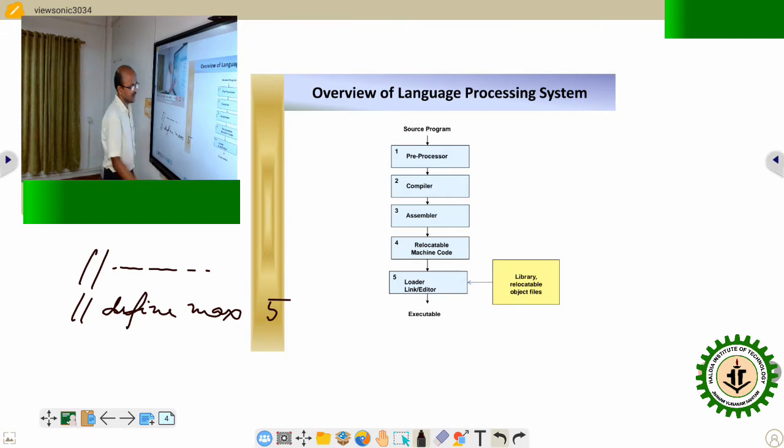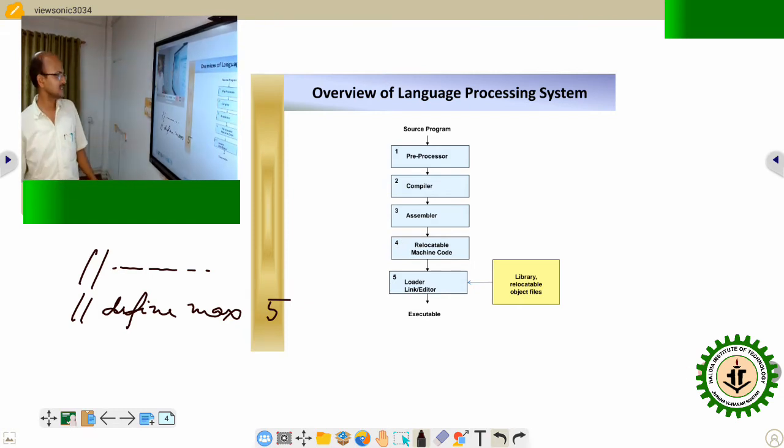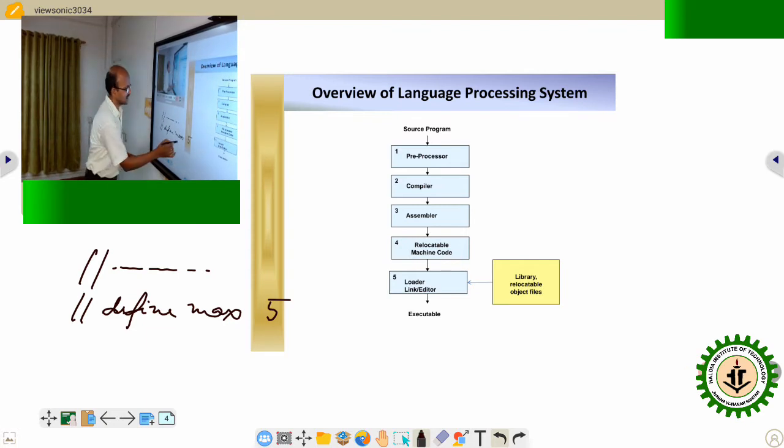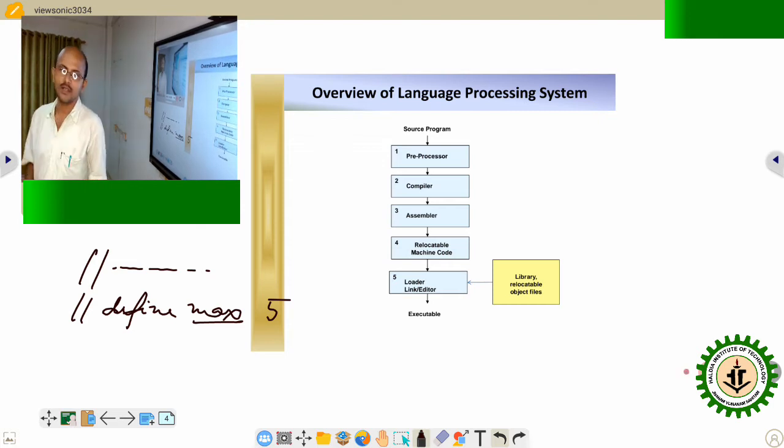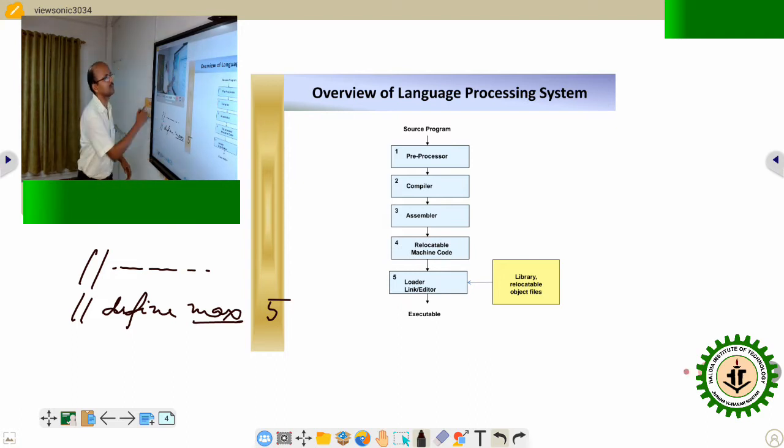We have defined one macro here, in the C language. Wherever the word max appears in your program, it is substituted by 5 first. Or if I write one comment line that does not bear any sense to the compiler, it has no meaning to the computer. Okay. So this type of pre-processing is done first.